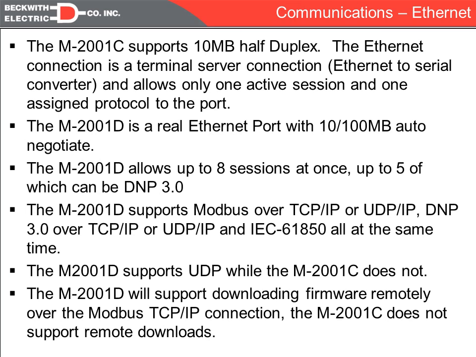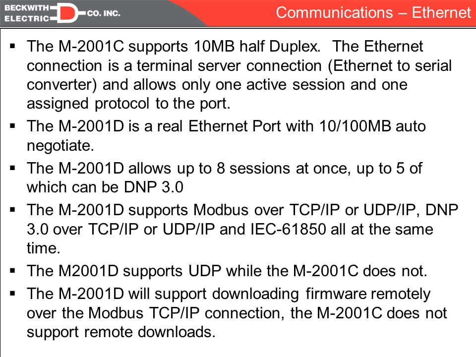So with our new Ethernet, we now support up to 8 simultaneous sessions at once, which means 8 different masters or users can be interrogating the control at the same time via the same Ethernet connection. Up to 5 of those can be DNP, and the remaining ones would have to be Modbus. We also support 61850 on the 2001D.